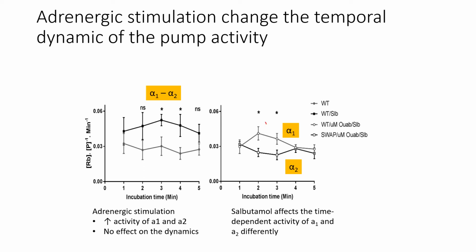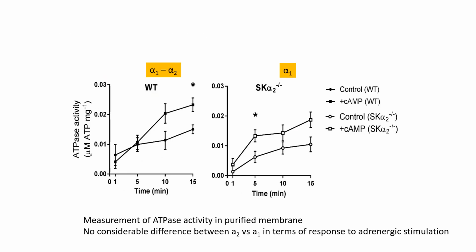This is alpha 1 and this is alpha 2. But in wild type, in panel A, the adrenergic stimulation just increases the activity of alpha-1, but doesn't have any effect on the time-dependent activity or the pattern of upregulation.